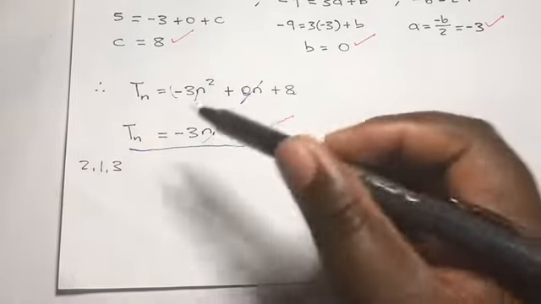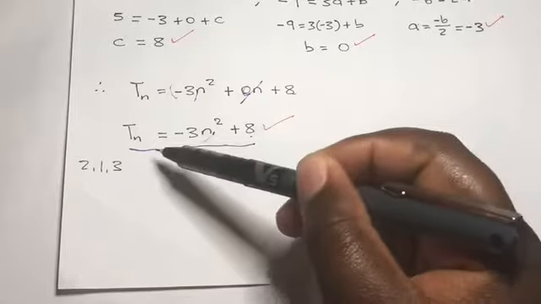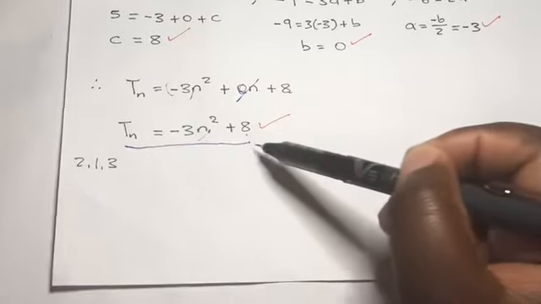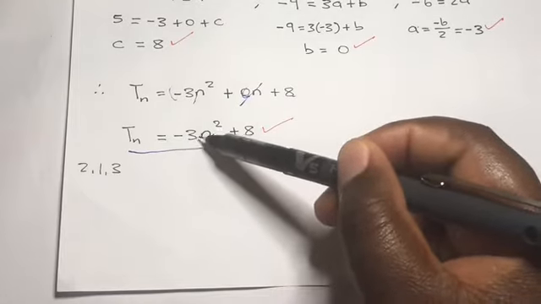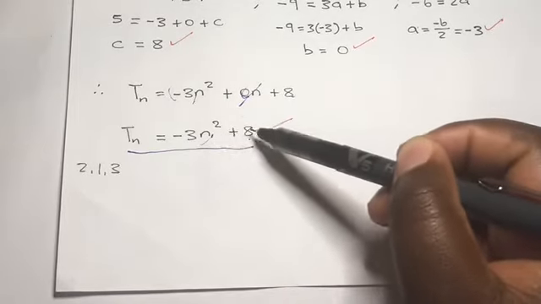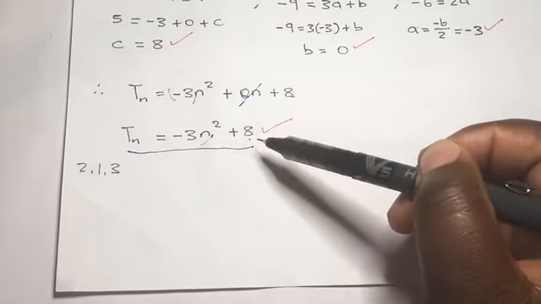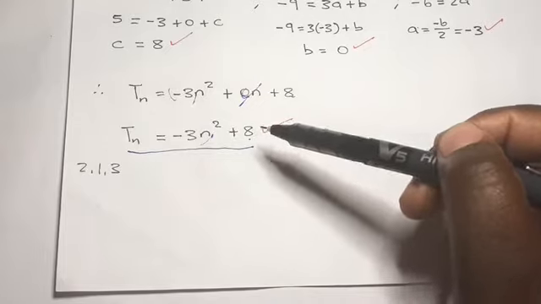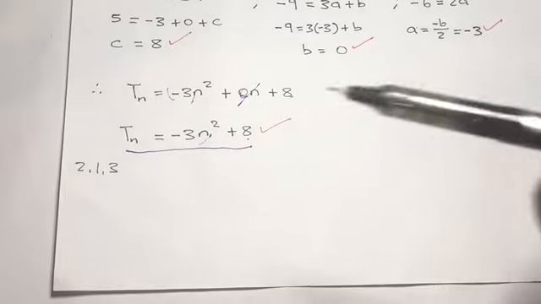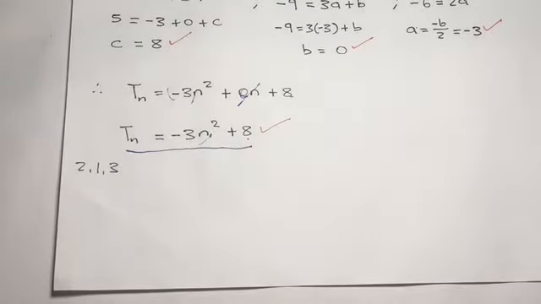So you obviously, from the previous question, calculated the nth term of the sequence, which is Tn equals negative 3n squared plus 8. So now the question says which term of the pattern will be equal to negative 25,939.